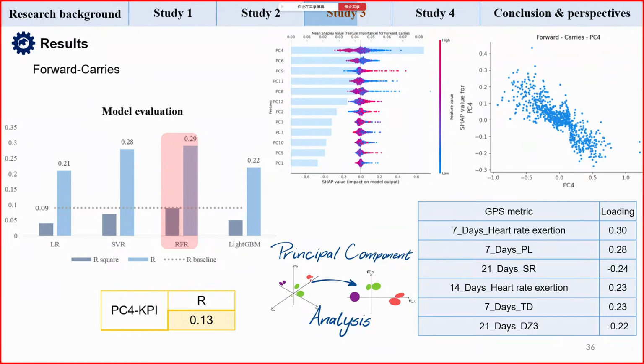This proved that the correlation between the principal component and the KPI was not enough to achieve the performance of the machine learning models, highlighting that machine learning models can better extract key features and capture nonlinear relationships of the data.